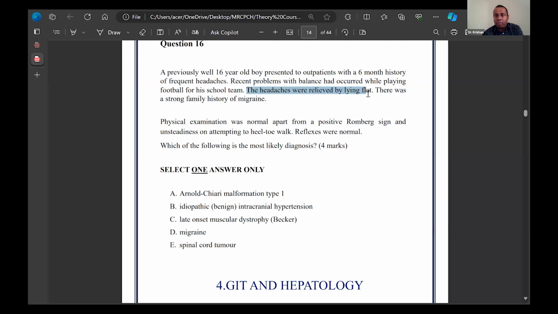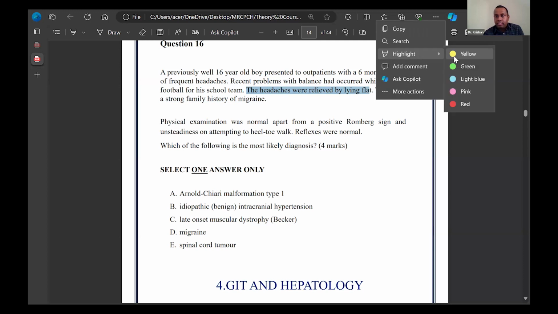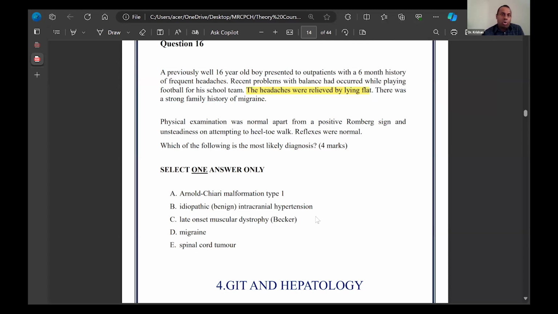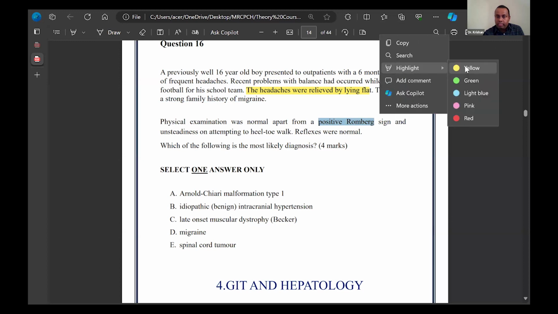Now that is very important piece of information. There was a strong family history of migraine. Physical examination was normal apart from positive Romberg sign and unsteady gait on heel toe walking. Reflexes were normal.